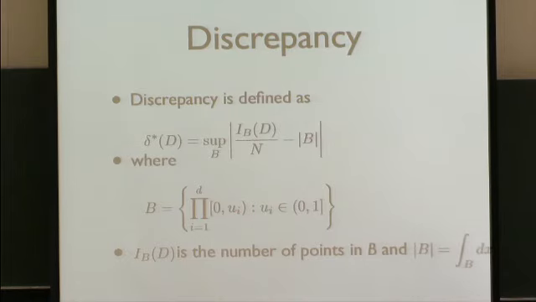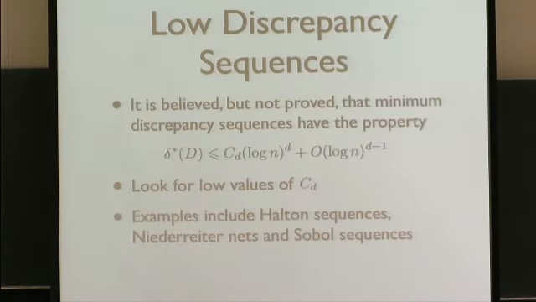So you're trying to maximize the number of points in space. That's what discrepancy is defined as, and it's believed but not proved that minimum discrepancy looks like this. The smallest one will be smaller than this value. So we're looking for small values of this thing, CD, here.